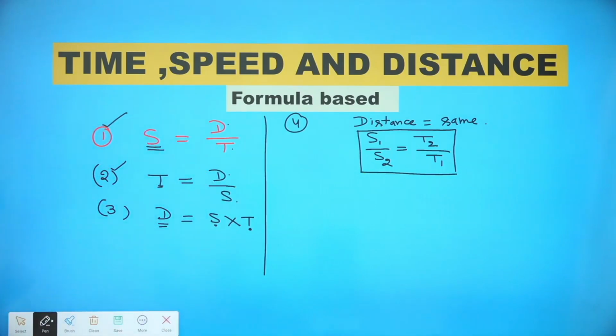So remember, if distance is constant, then the ratio of speed is inversely proportional to the ratio of time.